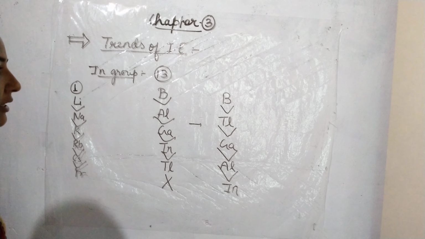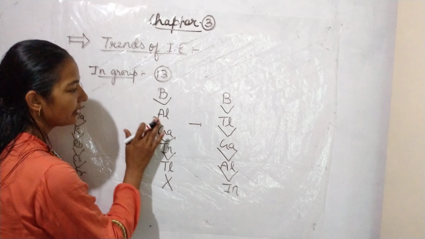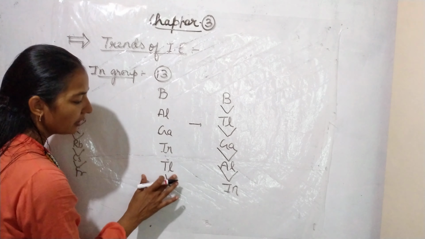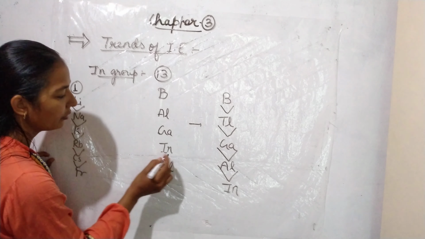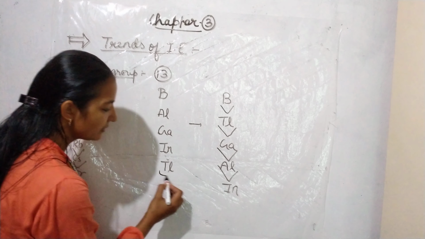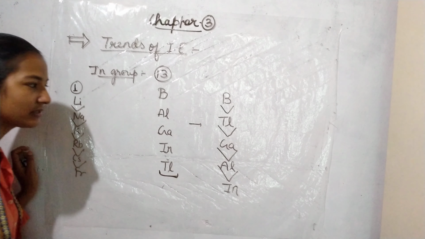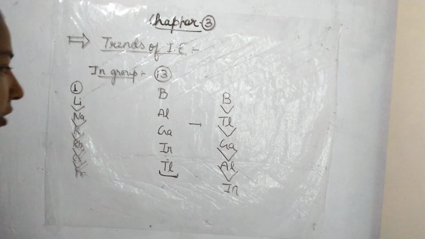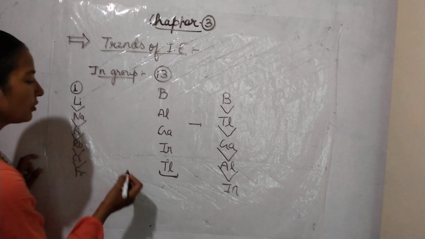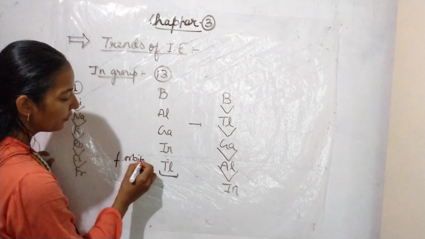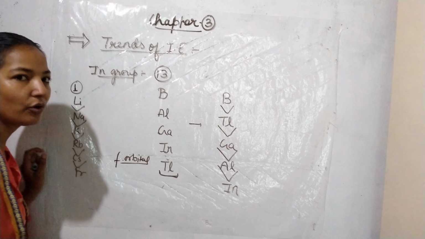Why is it? There is a certain reason behind this, and that is what we have to learn. First, since thallium is at the bottom, it must have the lowest ionization energy, but it does not. Why? Because of the presence of f orbitals; we have studied the lanthanoid contraction.